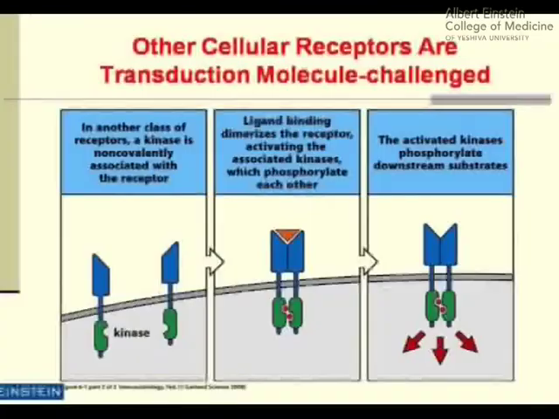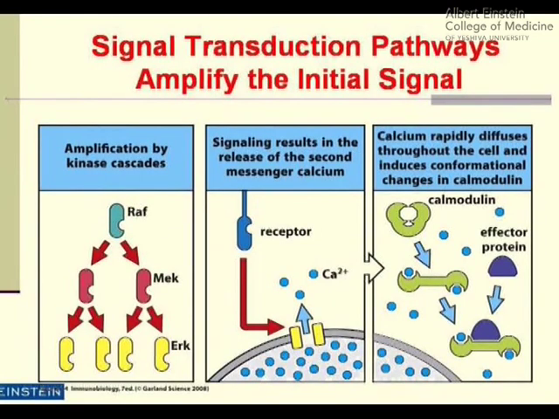When the ligand comes and brings these two molecules together, the kinase proteins associated with the receptors interact with each other, phosphorylate each other, and cause signal transduction. So that concept of bringing two chains together is utilized by many signal transduction pathways, and either the receptor has its own integral kinase or it has a kinase molecule associated with it through some other interaction.